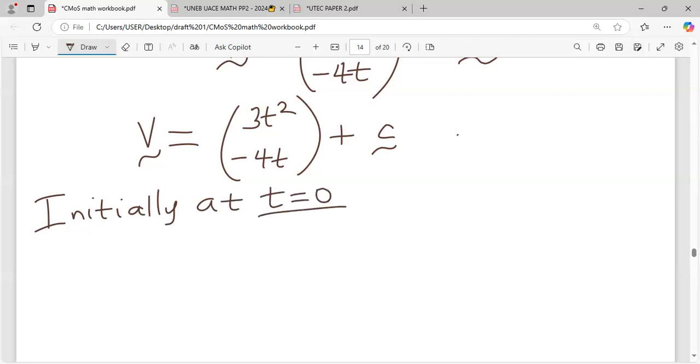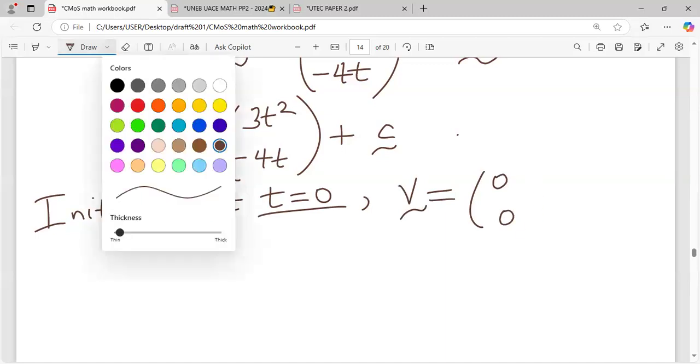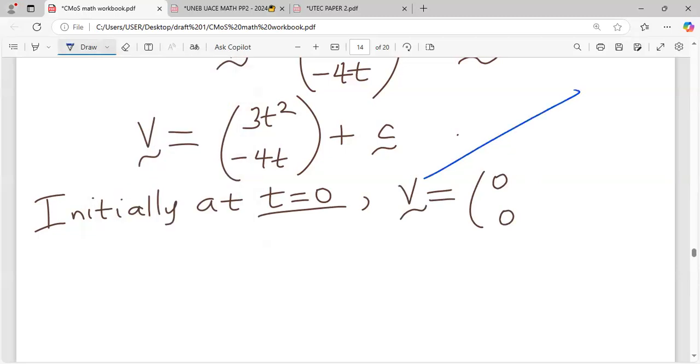So you come here and say initially, t equal to 0. Before we start counting, it is t equal to 0. The car was at rest. Hence, the velocity v is also going to be 0, 0. I'm writing it in vector form because that is the form we have. Why is it 0, 0? Because the car was at rest, not moving.